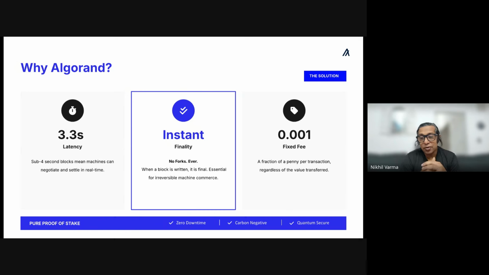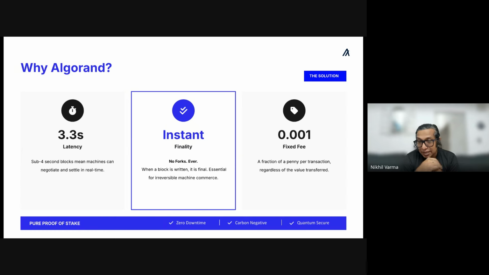So Algorand definitely checks the box when it comes to speed. Every time I make this slide, the block time gets reduced by another fraction of a second. I just got to know it's 2.8 instead of 3.3.